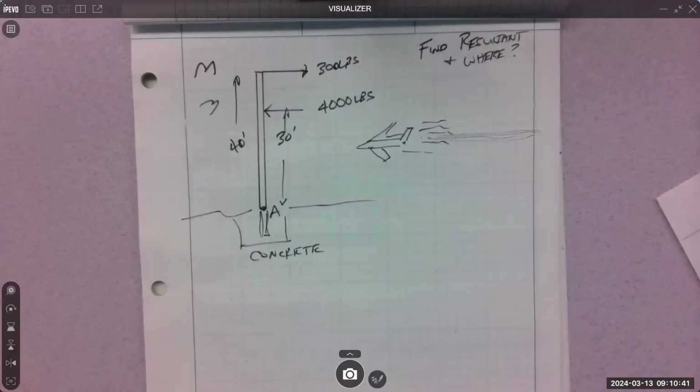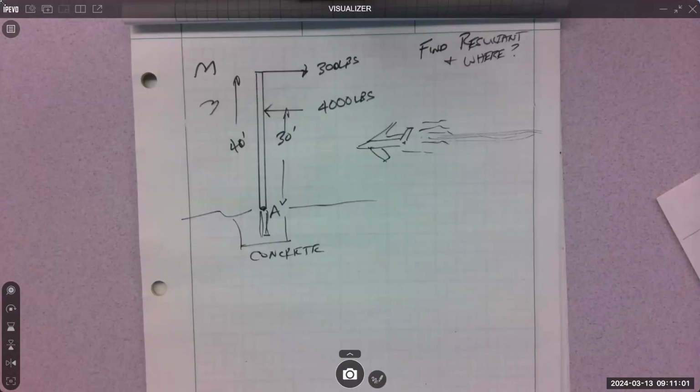What do I do first? Sum forces, versus Y forces. Yep, moment about. Everyone like that idea? Sum forces in the X.